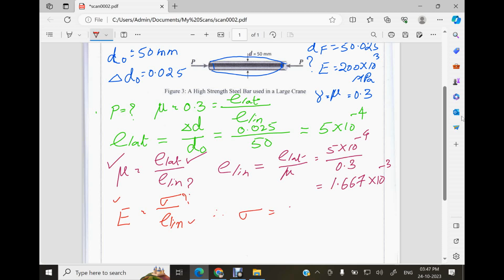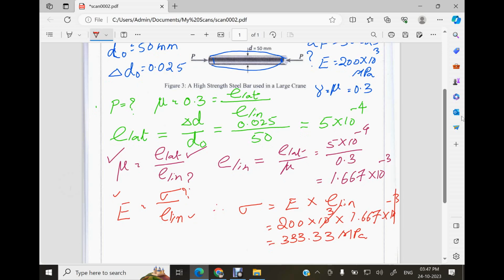So now let me write E into E linear. That is 200 into 10 cube multiplied by 1.667 multiplied by 10 to the power of minus 3. So now you are getting a value of sigma as 333.33 megapascal.